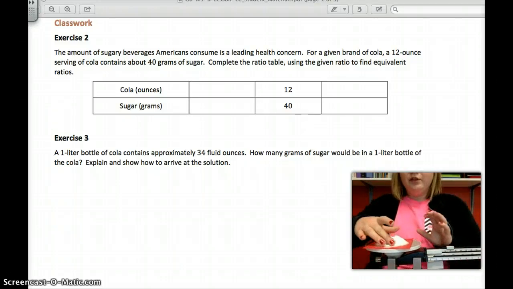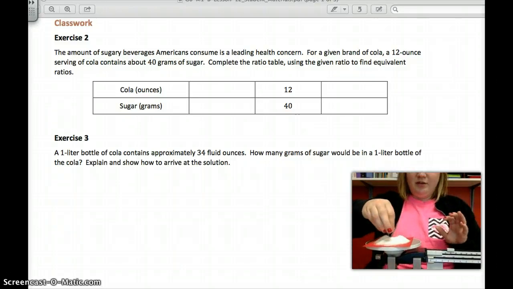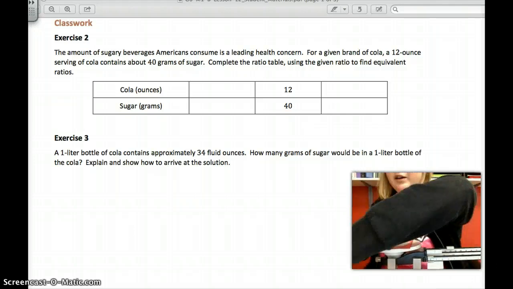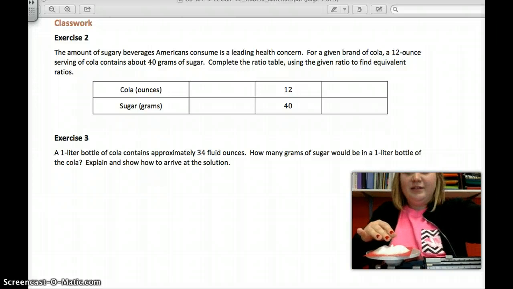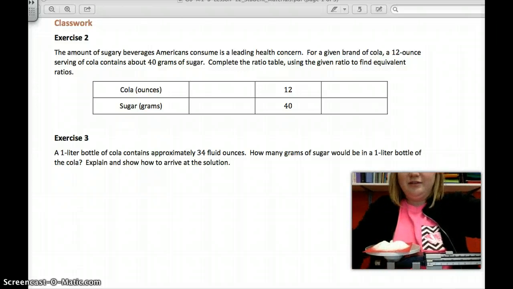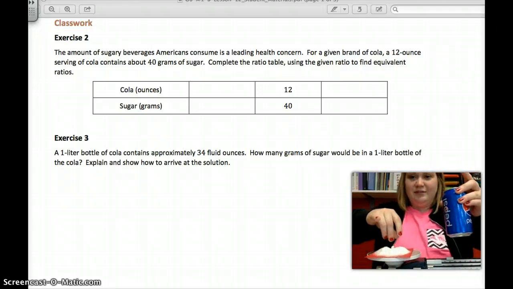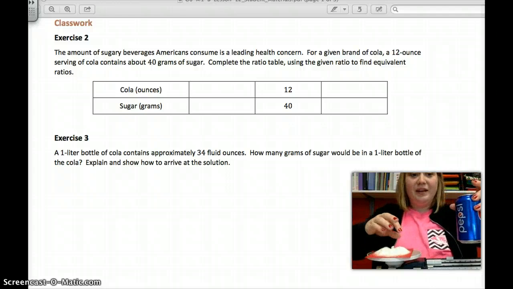Anyways, just think of all of this sugar in this one can of soda. That's a lot of sugar. So think about that.